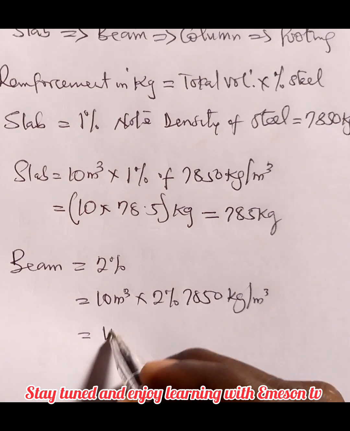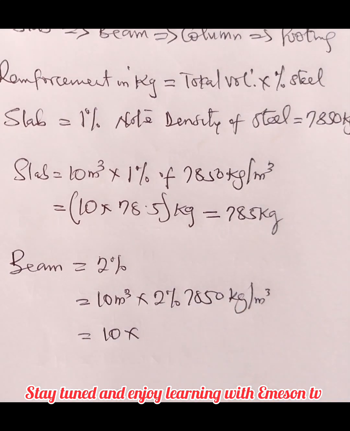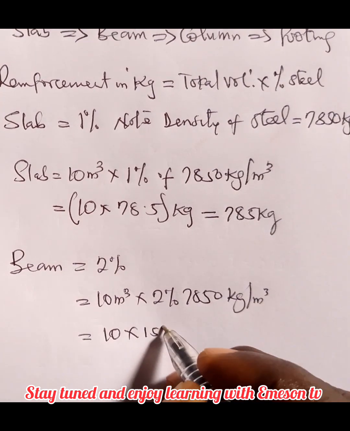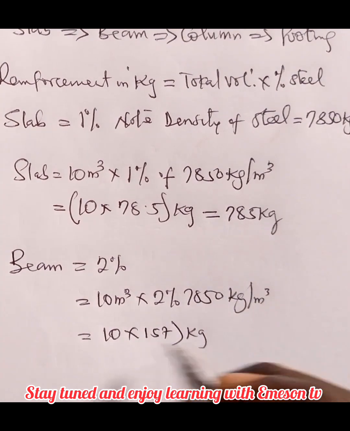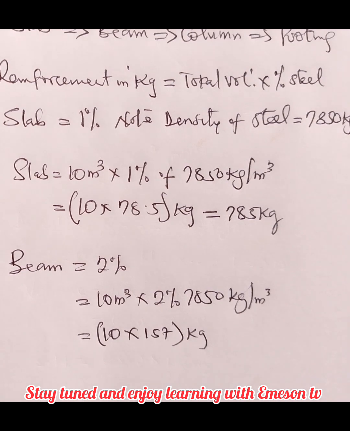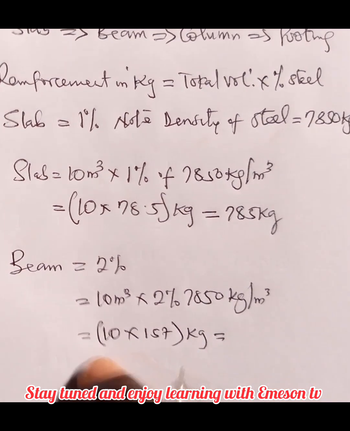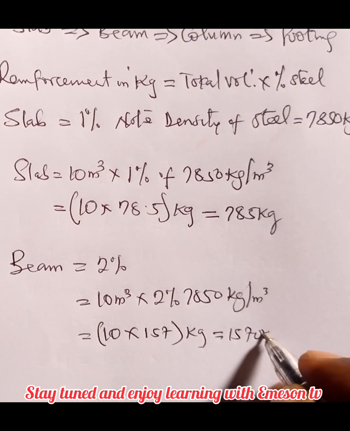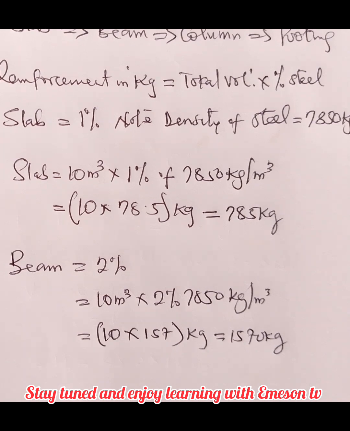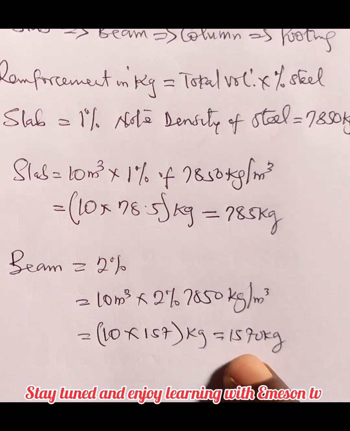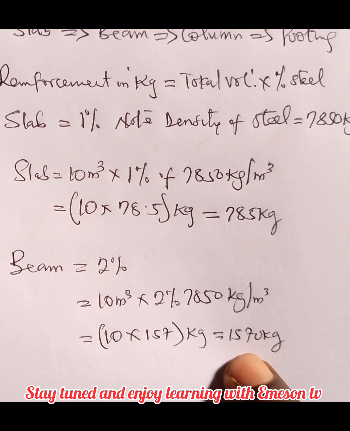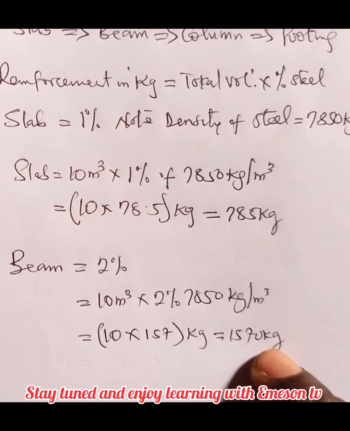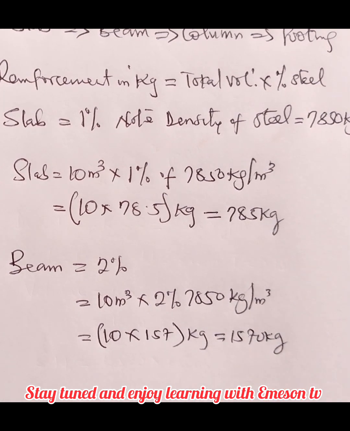So this will eventually give us 10 multiplied by 2% of this will give us 157. This multiplied by this, we have 1570 kilogram. So for every 10 meter cube of concrete in your beam, this is the kg of iron present in that beam. 1570 kilograms. You just have to place your order.